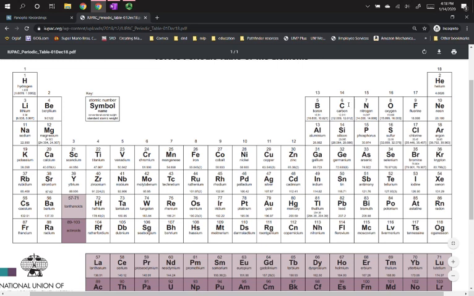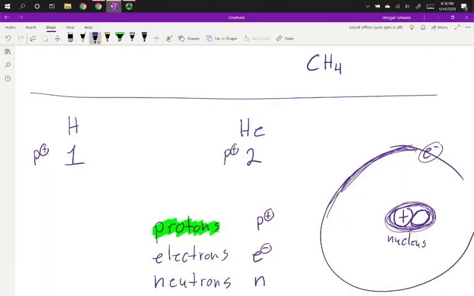Carbon has 6 protons, nitrogen has 7 protons, oxygen has 8 protons, and so on and so on. The number of protons tells you what the atom is. So all heliums, no matter what else changes, have 2 protons. All hydrogens, no matter what else happens, always have 1.